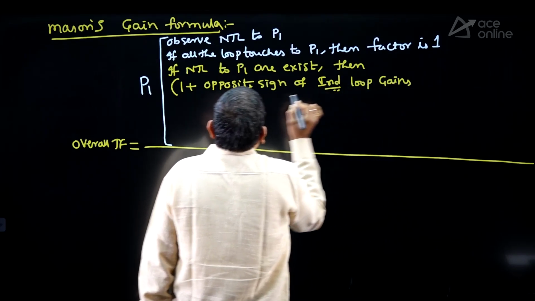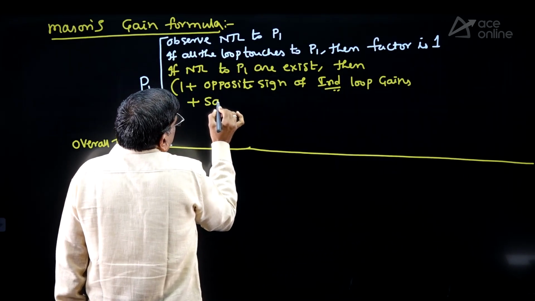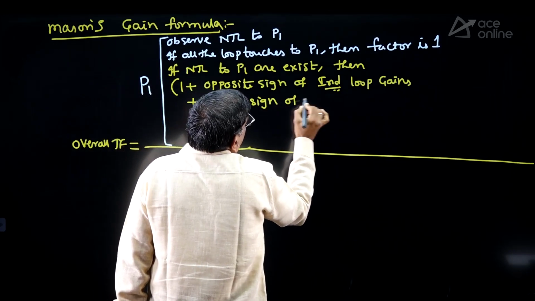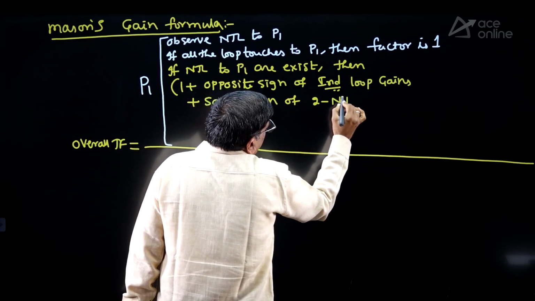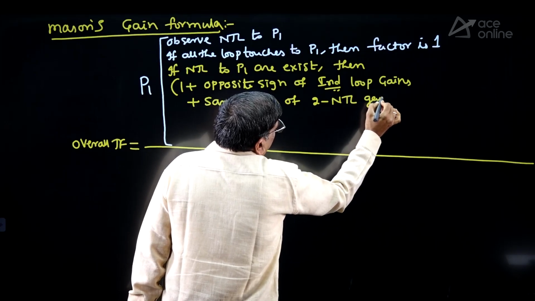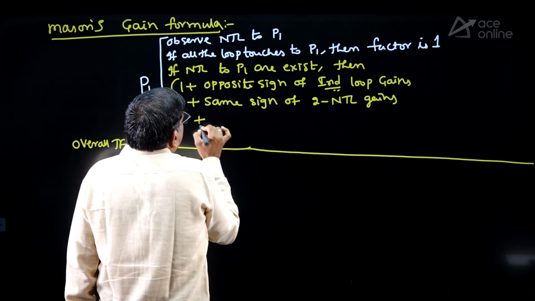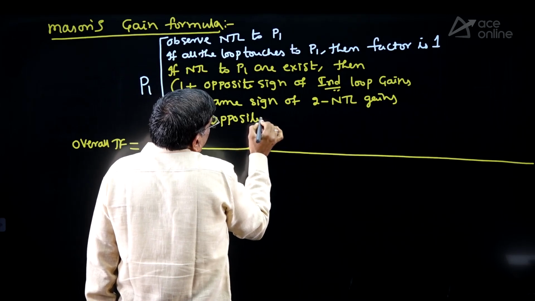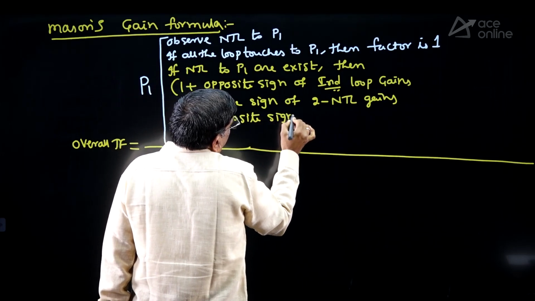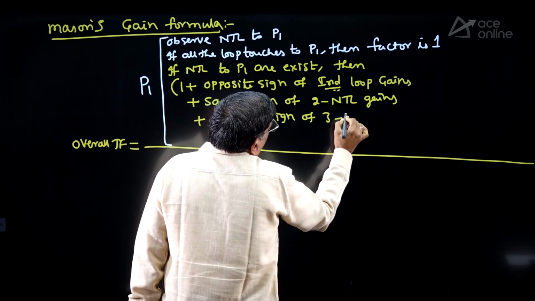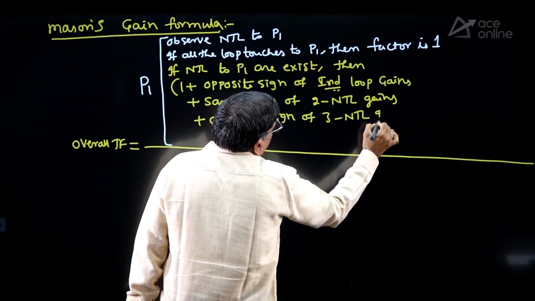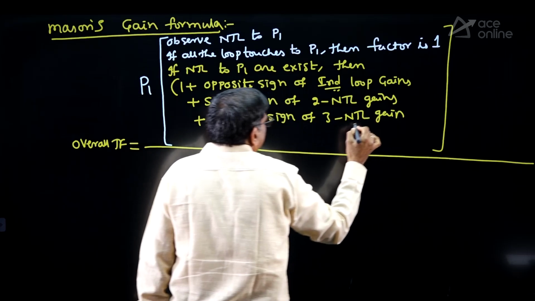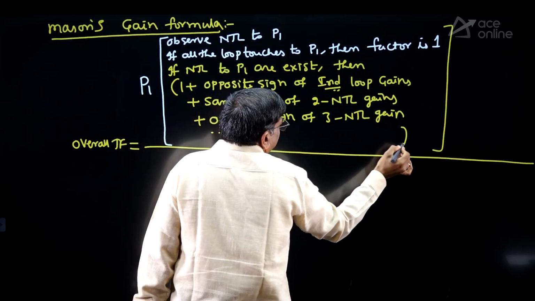I hope you remembered. Plus same sign of two non-touching loop gains, plus opposite sign of three non-touching loop gains, and so on. Yes or no?